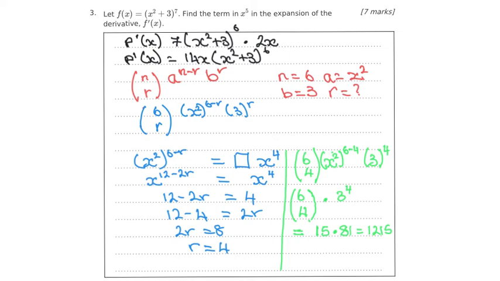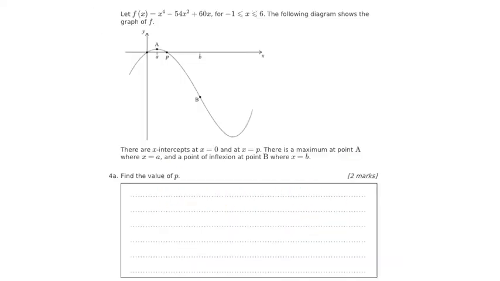The last thing we have to do is multiply by 14x. So we get 14x times 1215 x to the power of 4, which is equal to 17010 x to the power of 5, which is our final answer.